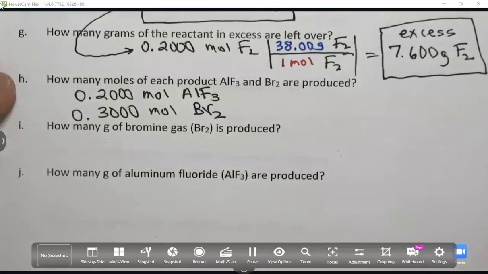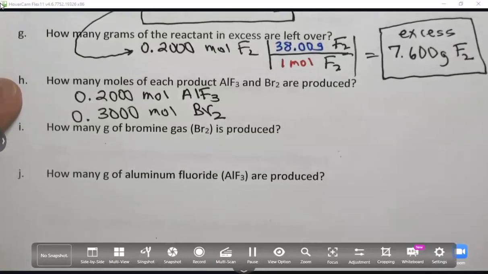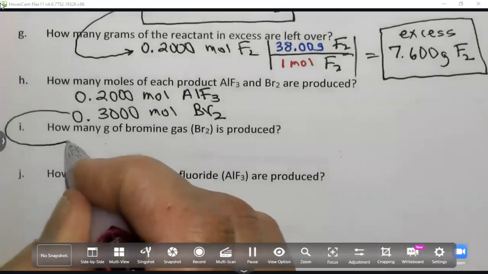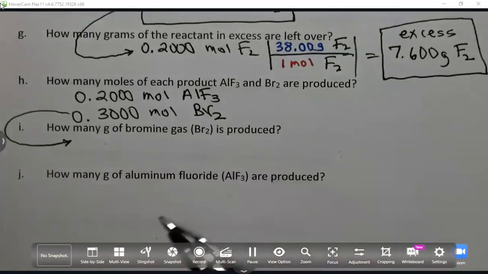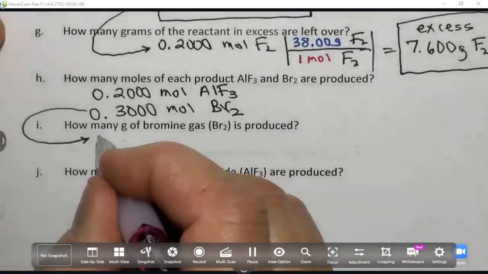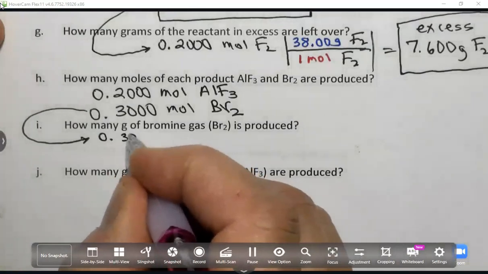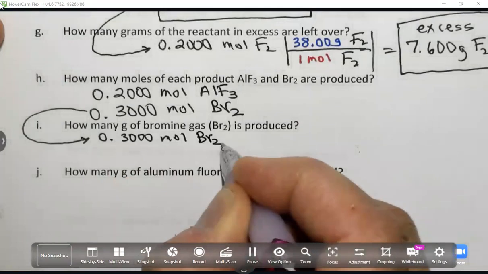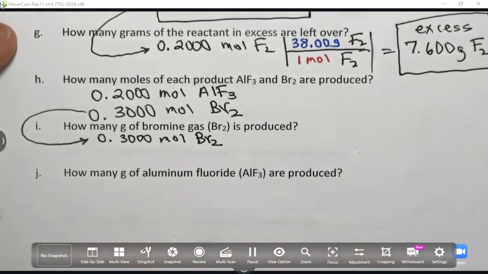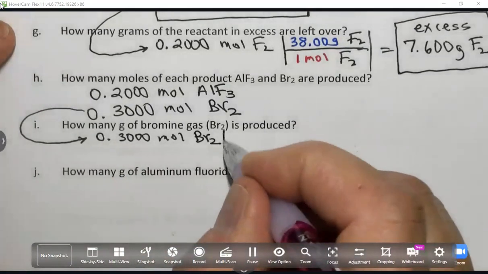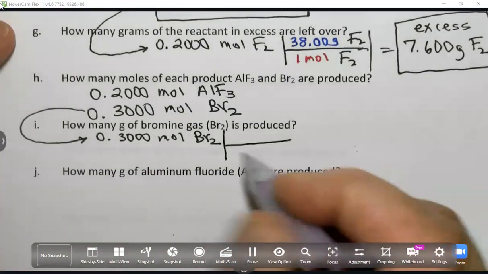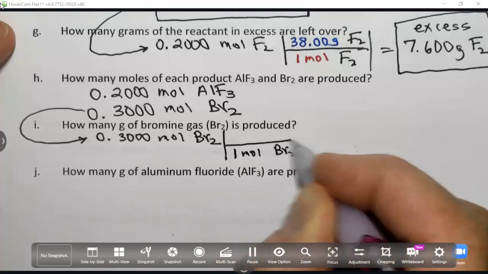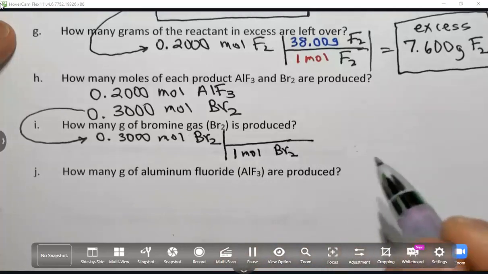How many grams of bromine gas are produced? Well, there's our moles. We're just going to convert moles to grams. 0.3 moles of Br2. One mole of Br2.